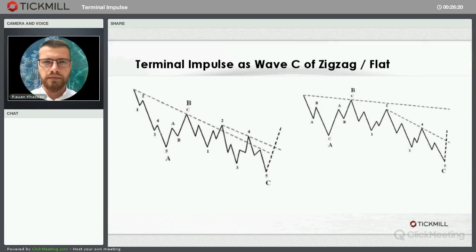The second deduction from the given market situation is that you need to draw another signal line 2-4 inside the terminal impulse itself. And once it is crossed, it gives you the proper direction.